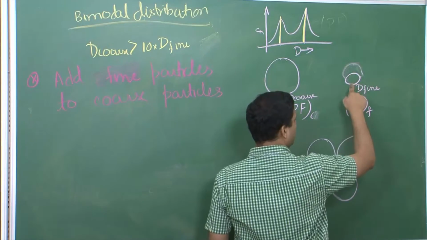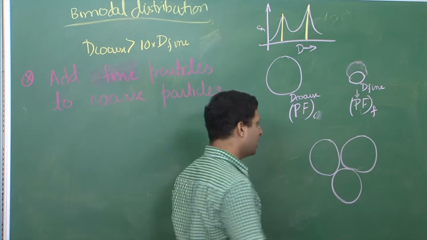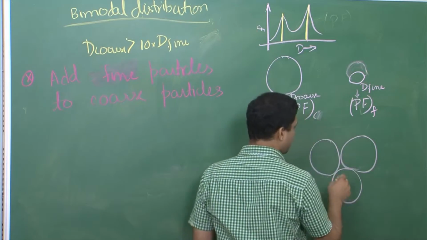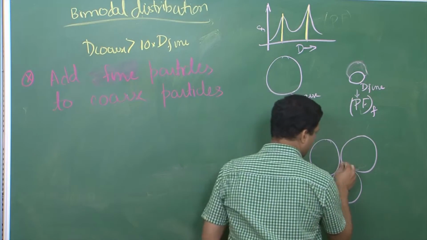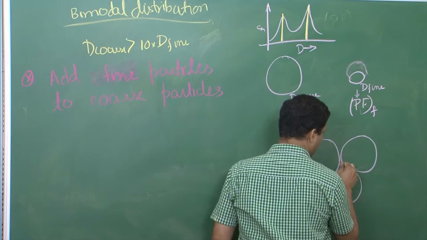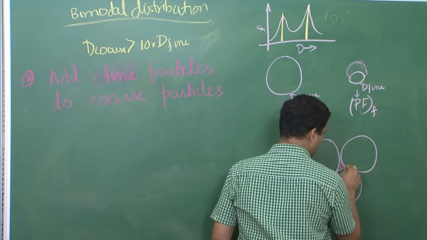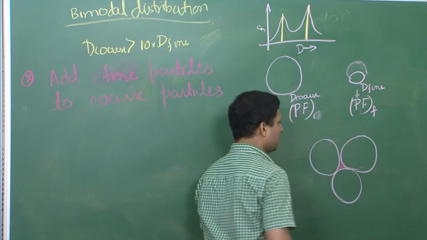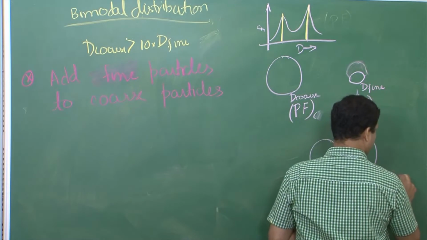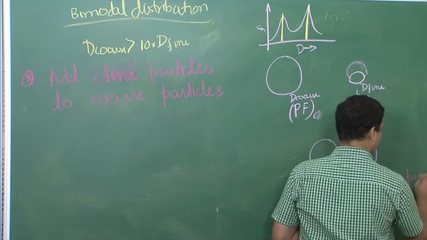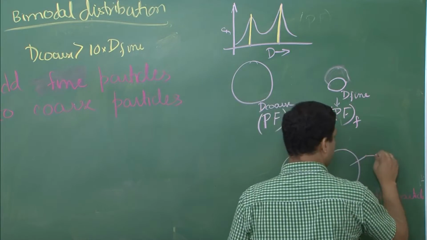The drawing I have shown is a little exaggerated. The particle size would be even smaller than this. So, let us say this is our small particle size, and this is our coarse particles.